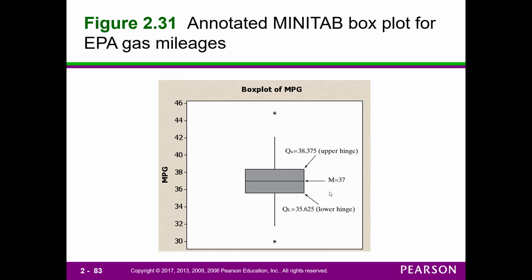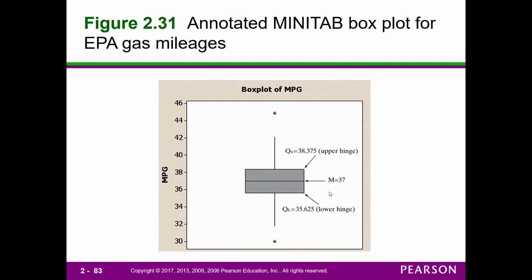To guide the construction of the tails of the box plot, two sets of limits called inner fences and outer fences are used. Neither set of fences actually appears on the plot.